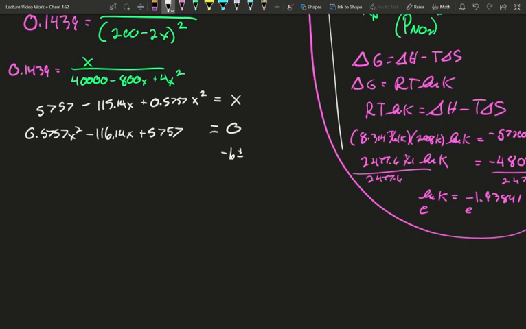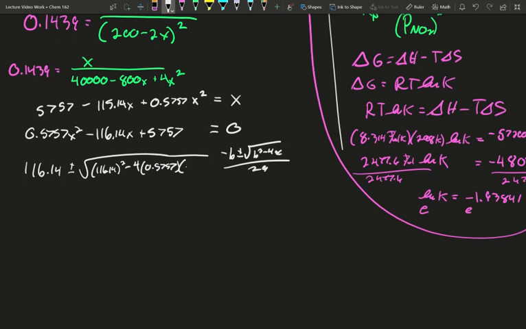Negative b plus or minus the square root of b squared minus 4ac all over 2a. In our case, positive 116.14, and then plus or minus the square root of 116.14 squared minus 4 times 0.5757 times 5757 without the decimal.